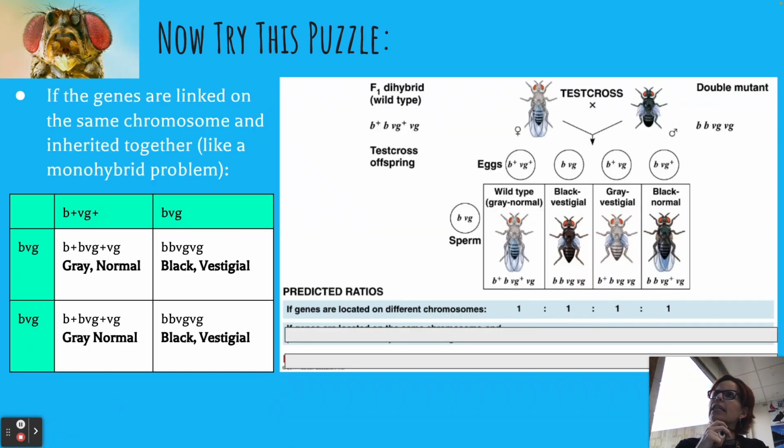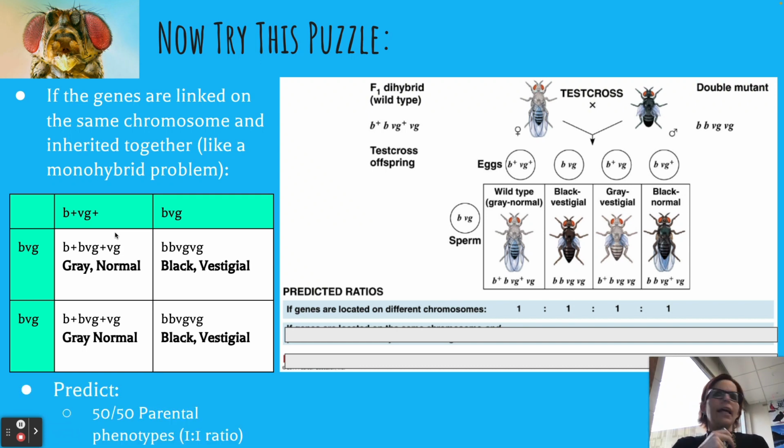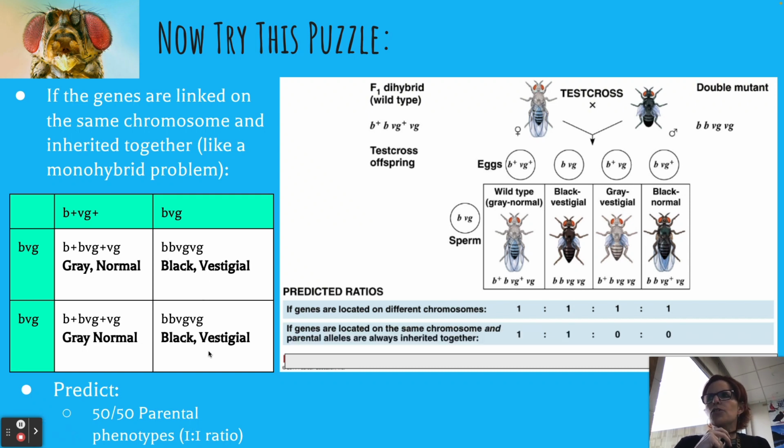If the genes are linked on the same chromosome, then it's just a monohybrid problem, and we put it all together in one box. You had 2 Punnett squares last time, now you have 1 Punnett square, and the prediction is that half of them will be gray normal wings and half of them will be black vestigial wings. So this is what the ratio should look like if they're on the same chromosome.